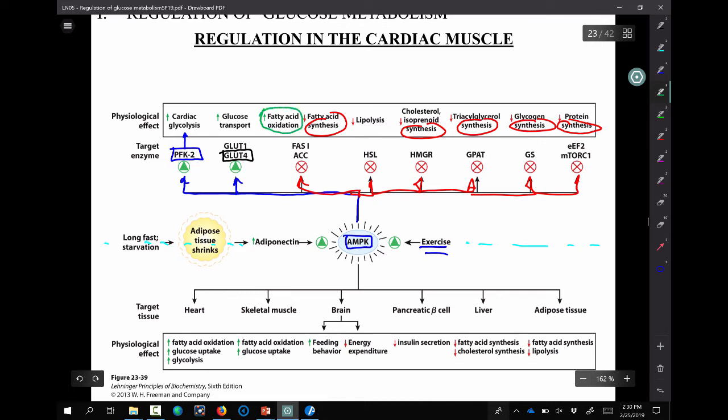It will also increase activity of fatty acid oxidation, which is also a major means of producing energy in cells. These enzymes here, we haven't yet really talked about any of these. Certainly we'll talk about some of them, not all of them. We won't really get to protein synthesis at all, so we won't talk about that, but we'll talk about some of these others.